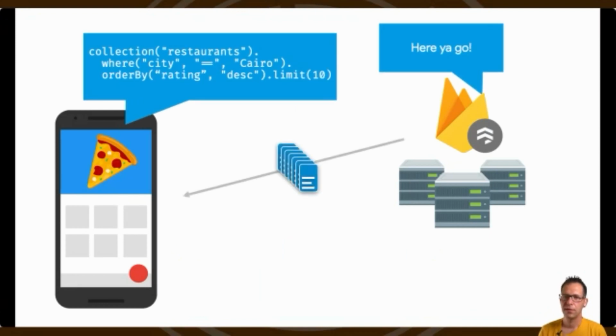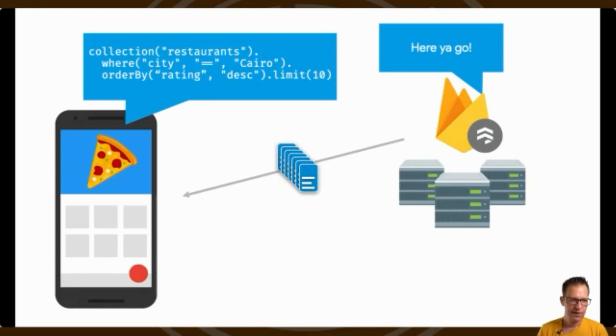So let's imagine you have an application that is about restaurants. And then you organize all your restaurants in a collection called restaurants. But you don't want to see all those restaurants. You want to query them. So you can specify a couple of query parameters, like, I just want to see all the restaurants in Cairo, and I want to see them by order of their rating.